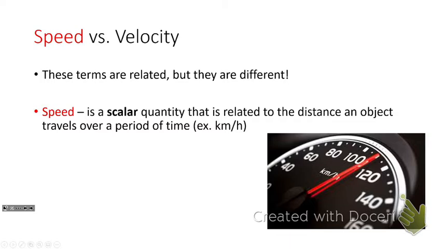So speed, like distance, again, is scalar. And the variable for speed looks like delta V, no vector hat, because it's just a scalar quantity, so delta V is just speed.